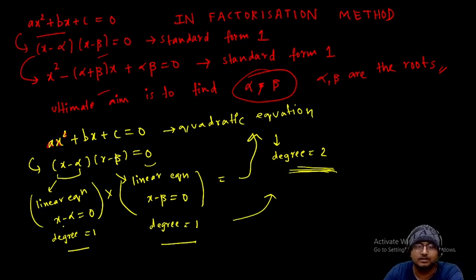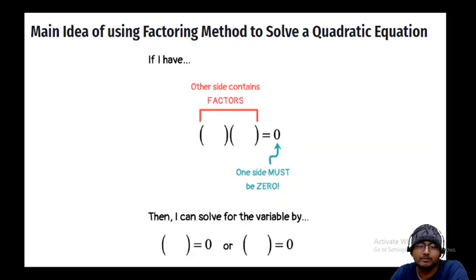Okay, so that is about the factorization method, and one more example we will see. The main idea of using the factorization method is to solve a quadratic equation. Previously, what equations have we found? One side contains this factor and this factor, and the other side should be 0. So these are called the factors. One must be 0.